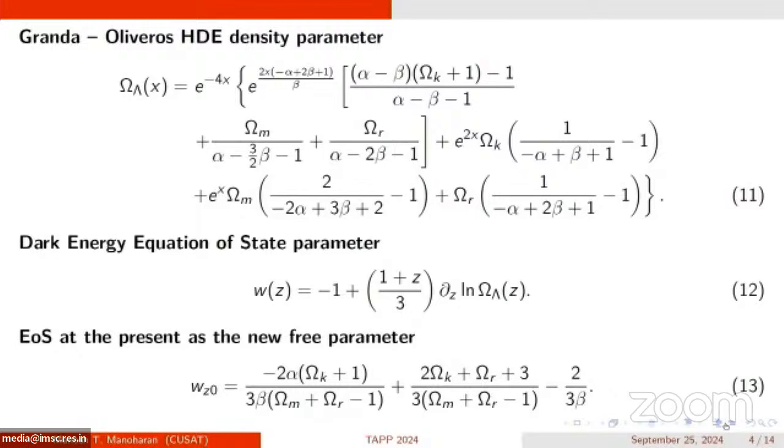Because if you look at the DESI result recently, the dark energy equation of state at the present value is slightly greater than -1, which is indicating a quintessence behavior. If it is less than -1, it is behaving like a phantom. But interestingly, there are models which can transition from quintessence to phantom or phantom to quintessence, called quintom models. And we'll see what this particular model is telling us.